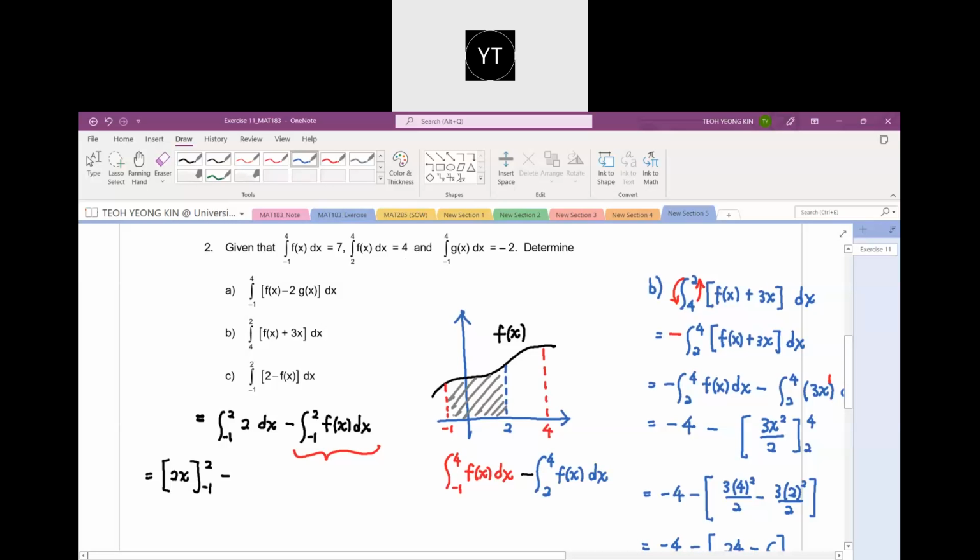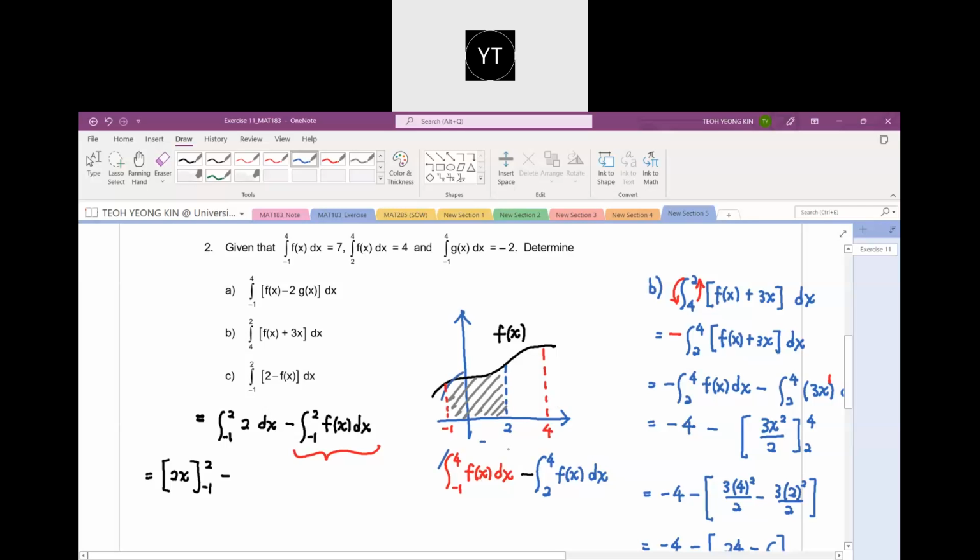So if you want to find the shaded region from negative 1 to 2, which is requested by the question, we can use from negative 1 to 4, the whole region, minus the region from 2 to 4. The whole region minus this empty region gives us the shaded region, which is from negative 1 to 2.